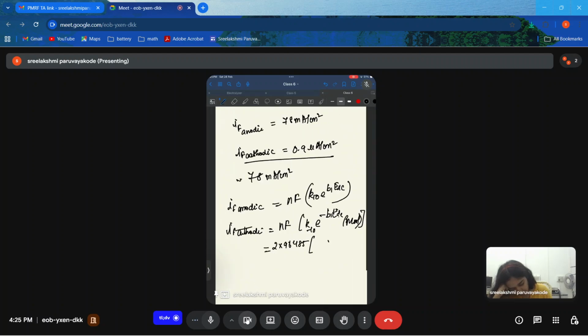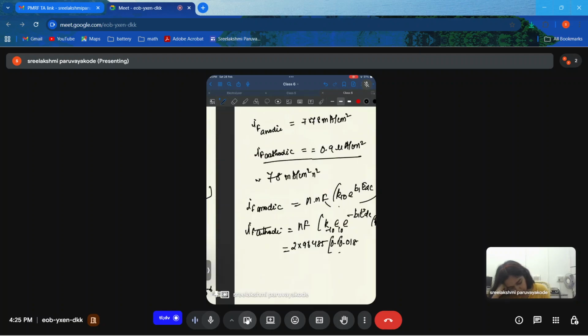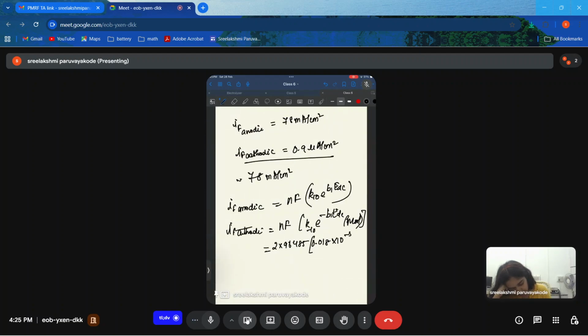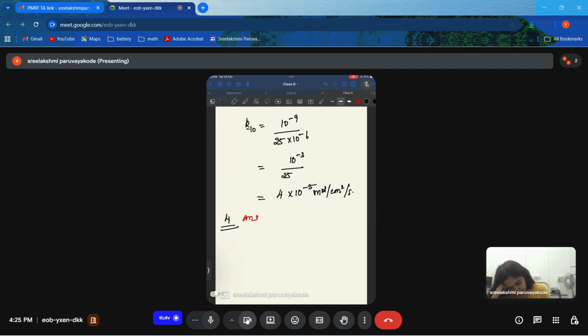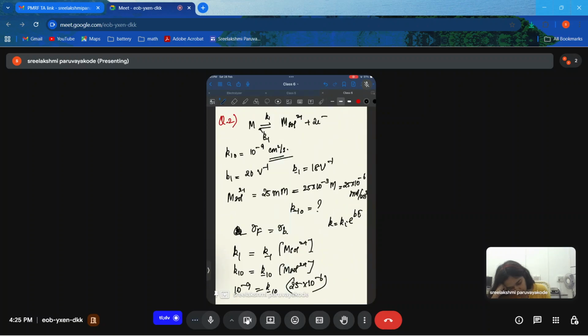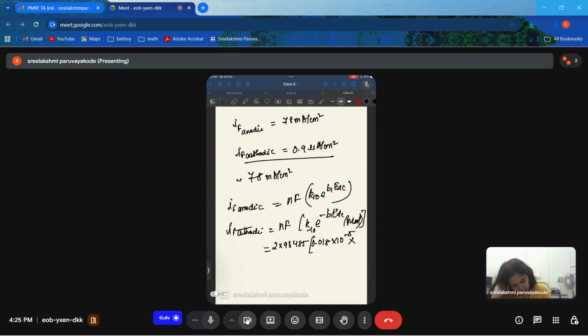I've got plus 0.018, 10 to the power minus 5 into M solution 2 plus is 25, 10 to the power minus 6. So 50 into 96,485 into 0.018 into 10 to the power minus 11.